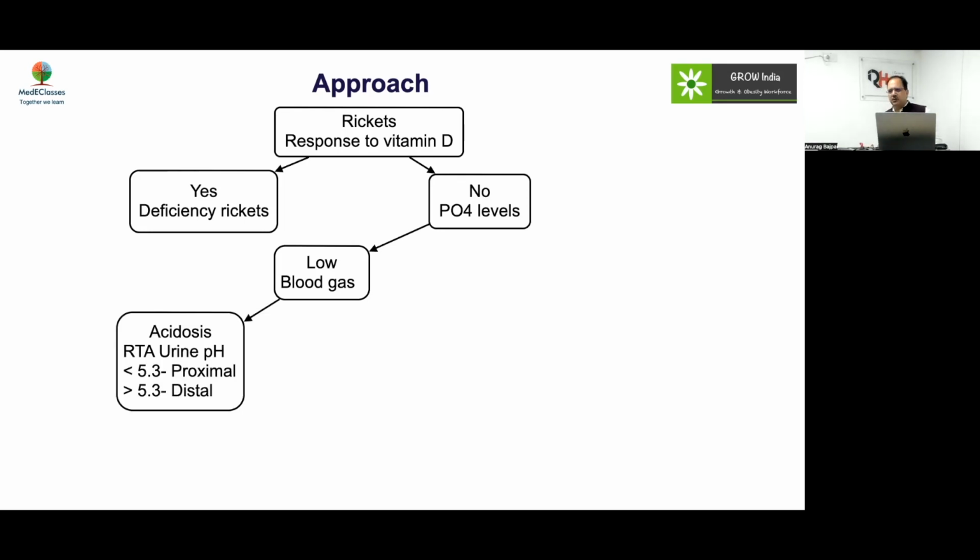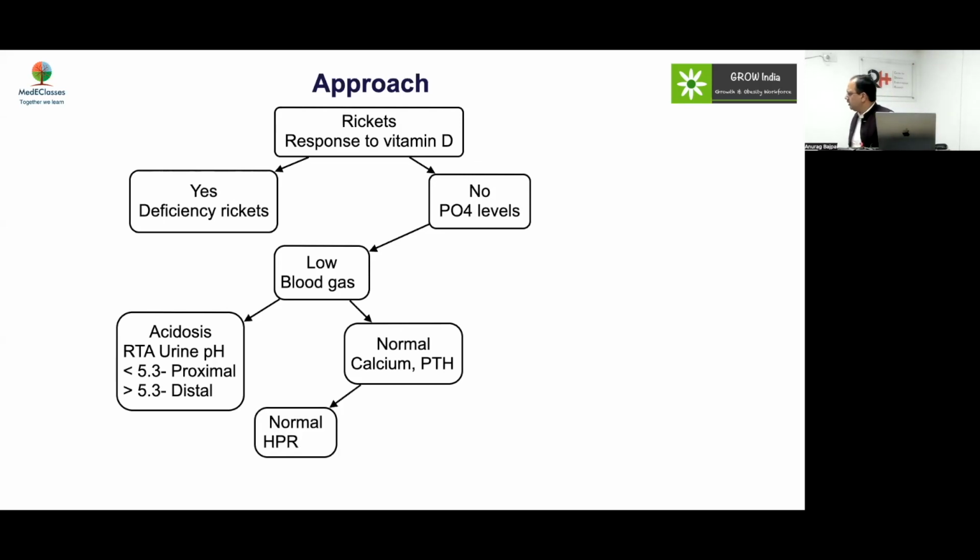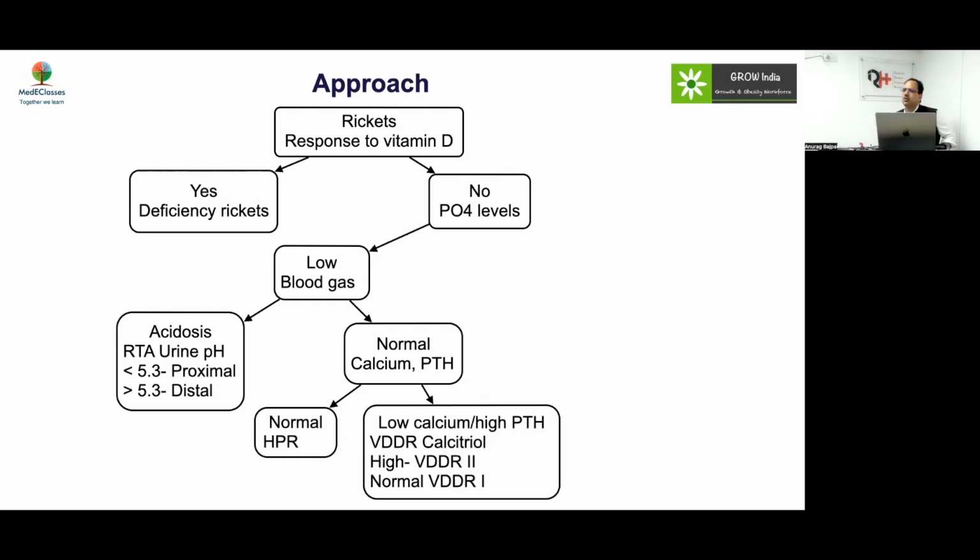If it shows acidosis, that is renal tubular acidosis; you classify using urinary pH and the urinary carbon dioxide to blood carbon dioxide difference. You can use the fractional excretion of bicarbonate to classify into proximal or distal RTA. We'll talk about this a bit later. If the blood gas is normal and your calcium and PTH are also normal, this is hypophosphatemic rickets. While if you have hypocalcemia, you have VDDR, which you can classify using calcitriol level.